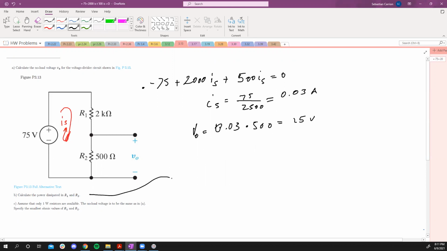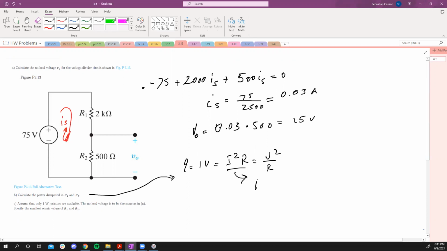And yeah, so let's go ahead and calculate the power dissipated. So we have three power formulas, which is P equals IV equals I squared times R equals V squared over R. Since we know I, it's just easier.